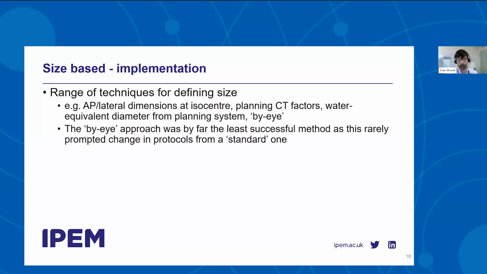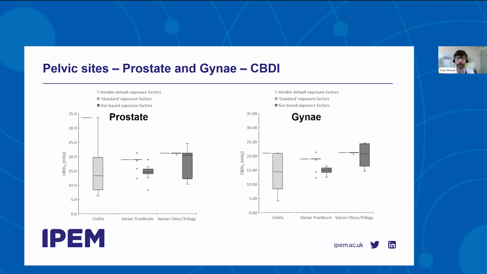If it was a proactive method, it was an effective way of making sure you've got your small patients using the small protocol, your large patients using the large protocol. Those centres that hadn't set that up and just said, oh, well, we'll just do it by eye. If we need to change it, we'll change it. That didn't tend to work so well because they just tended to stick to whatever they started their patients on.